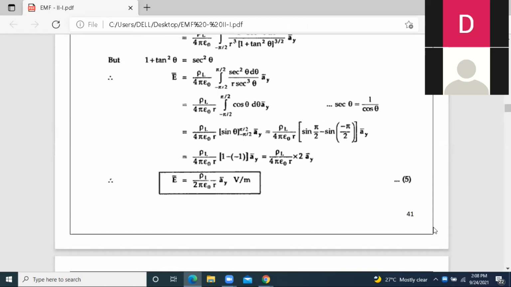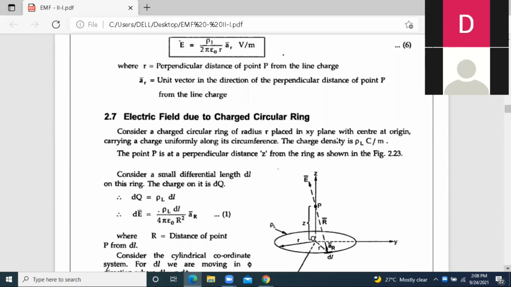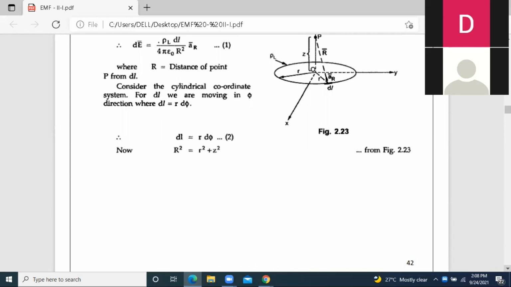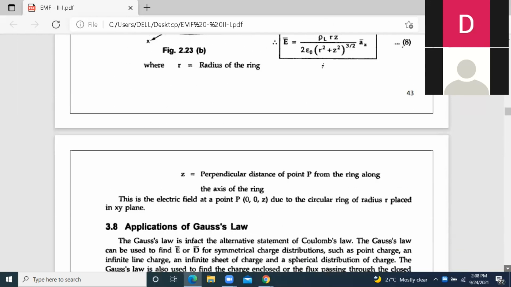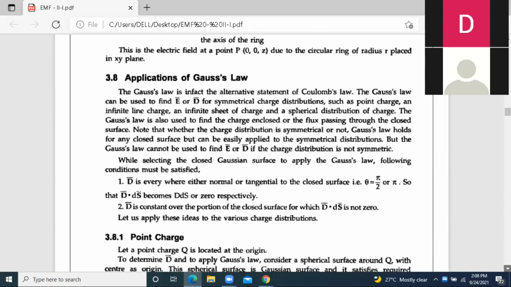Now I'm gonna show you how much simpler it is using Gauss's law.